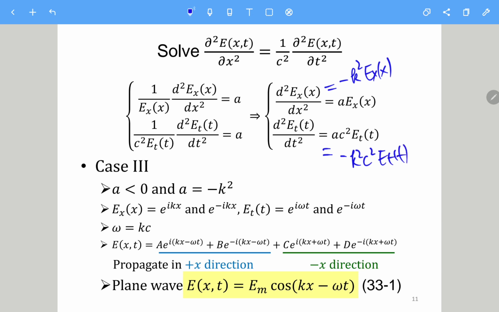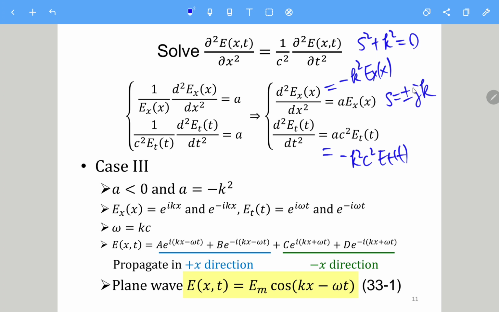Something like this. Okay, so when we try to solve this one here, the characteristic polynomial will be s squared plus k squared equals 0, or s squared equals negative k squared. So in this case, we have s equals plus or minus jk. j is of course the square root of negative 1.